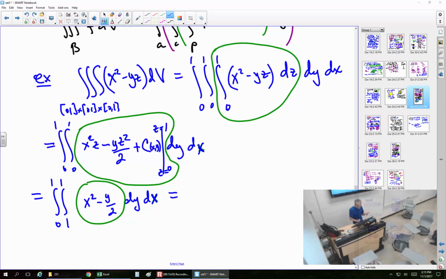All right, so we're done with this. Now we turn to the next variable, which is y. Integrating with respect to y, what am I getting?